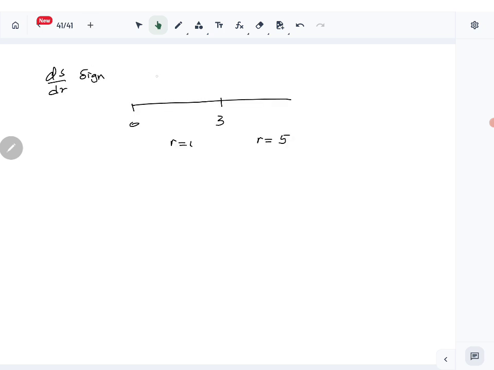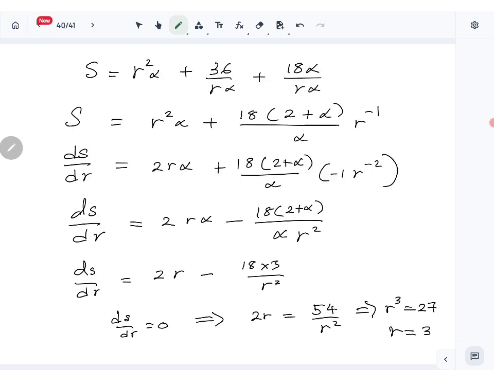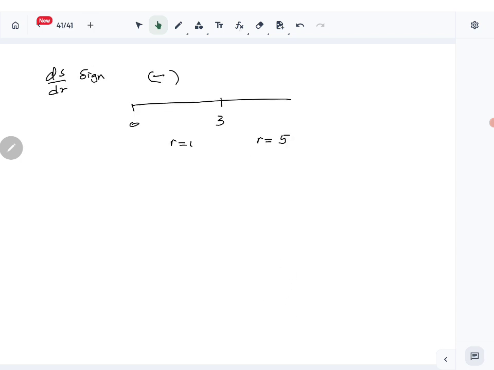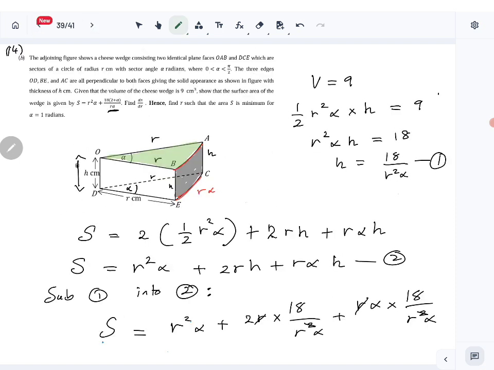So that is minus. Then I took r equals 5. So then what do you get? 10 minus 54 over 25. Yes, that is positive, no? So the sign is positive. Minus to positive means decreasing, increasing. So yes, it's a minimum at r equals 3.